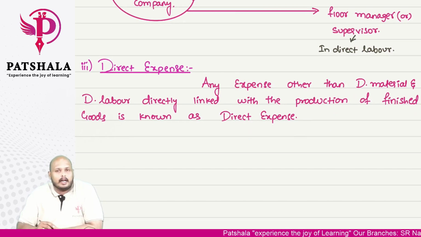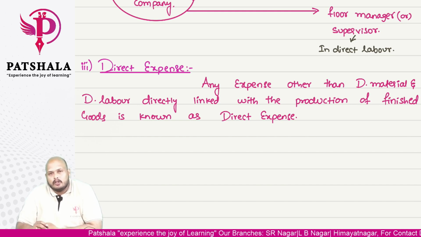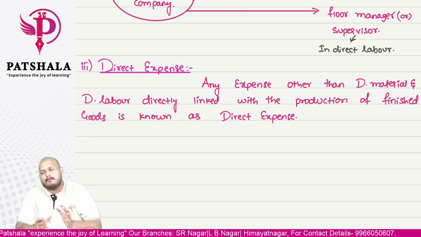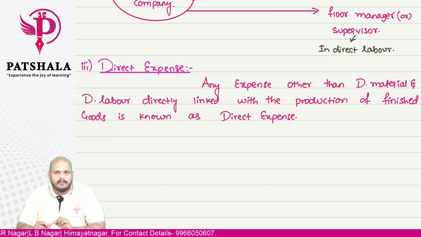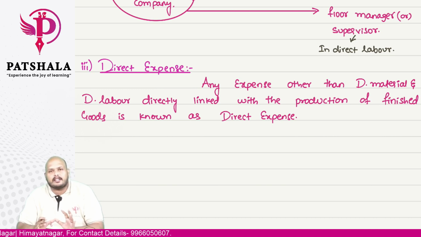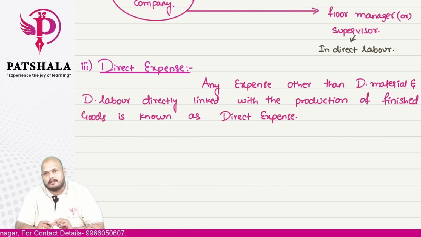Here the example for direct expense we can see is hire charges paid for special machinery during construction. During the construction we require some special machinery like a concrete mixer machine, JCB, road roller, certain types of machinery.